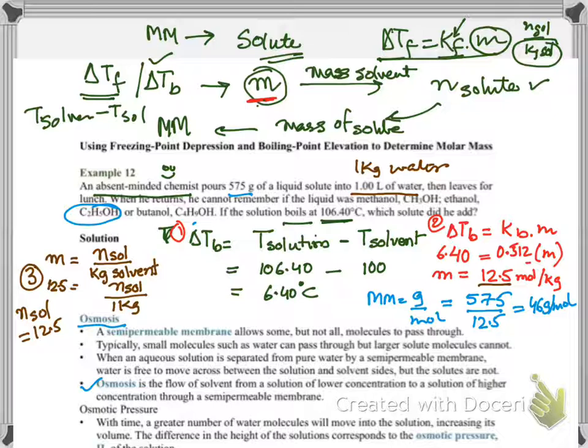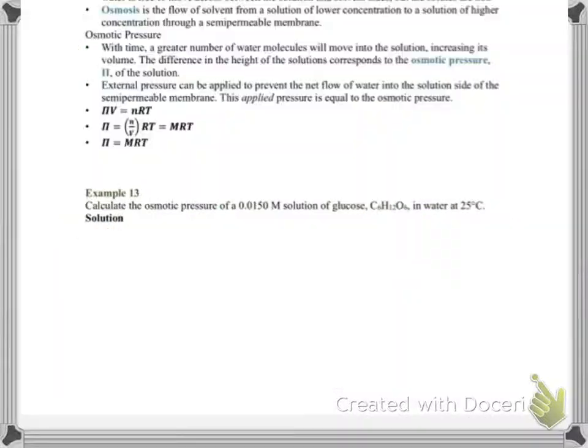Now this is also a colligative property, and the formula for that is this, where you say pi, this basically is osmotic pressure, which is denoted by this letter that looks like pi.